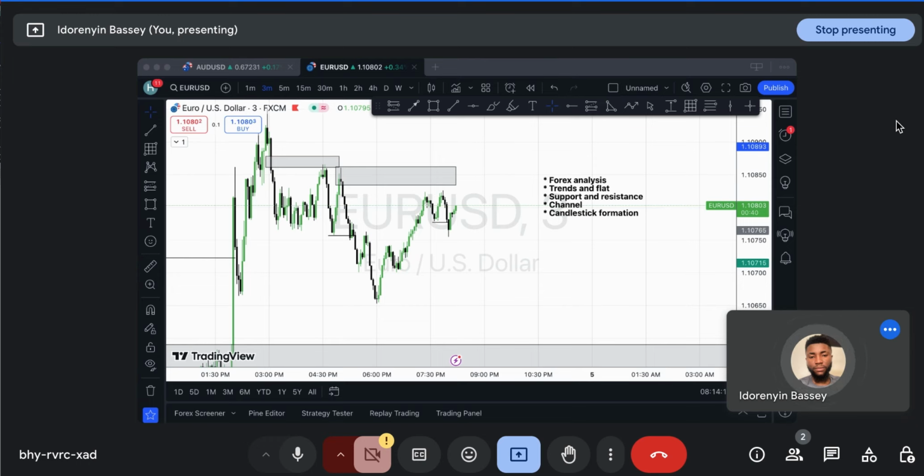This type of analysis relies on the idea that historical price movement can provide insight into potential future movement. There are key components of technical analysis.